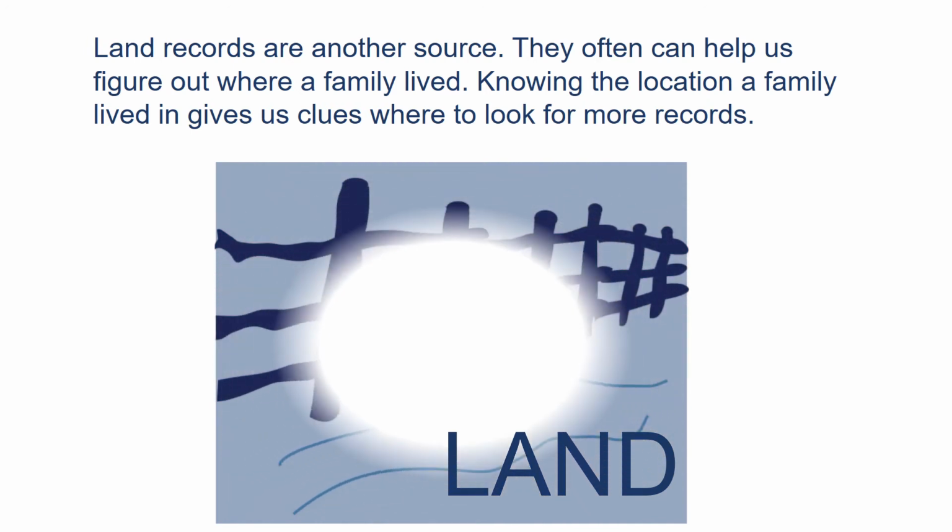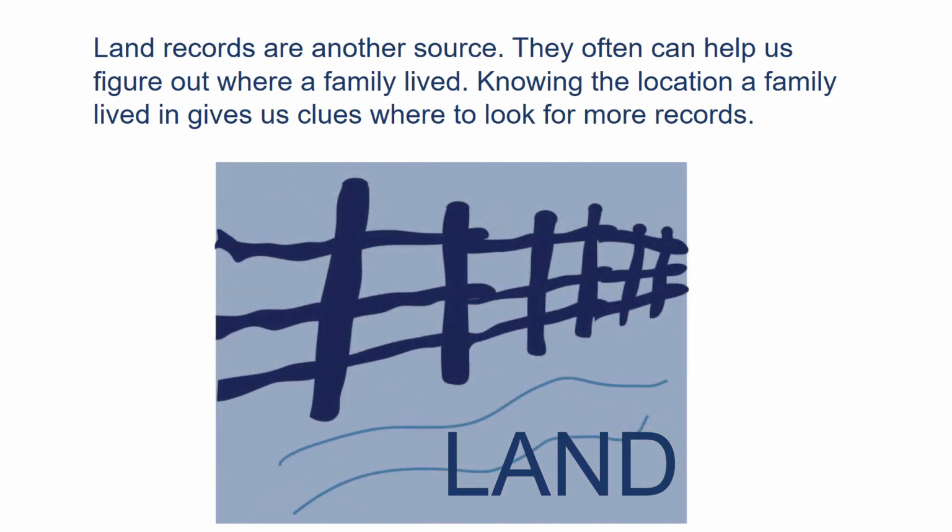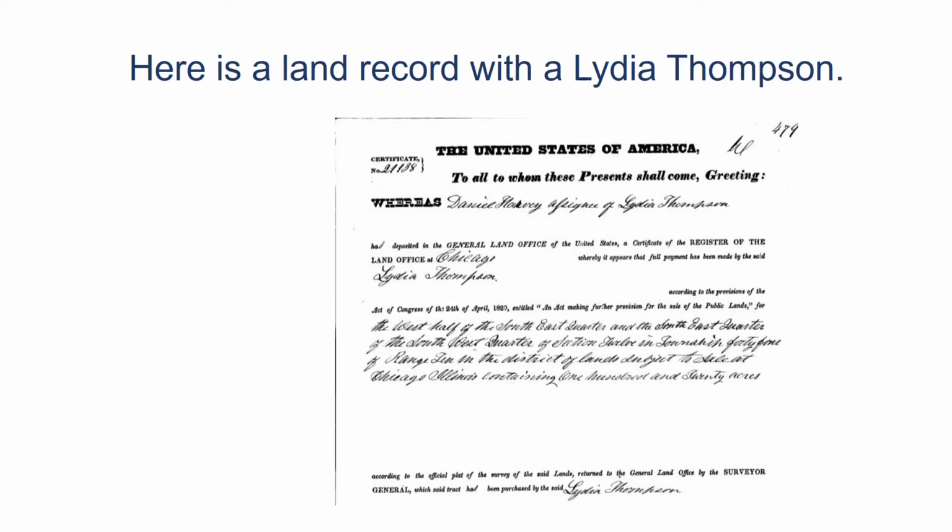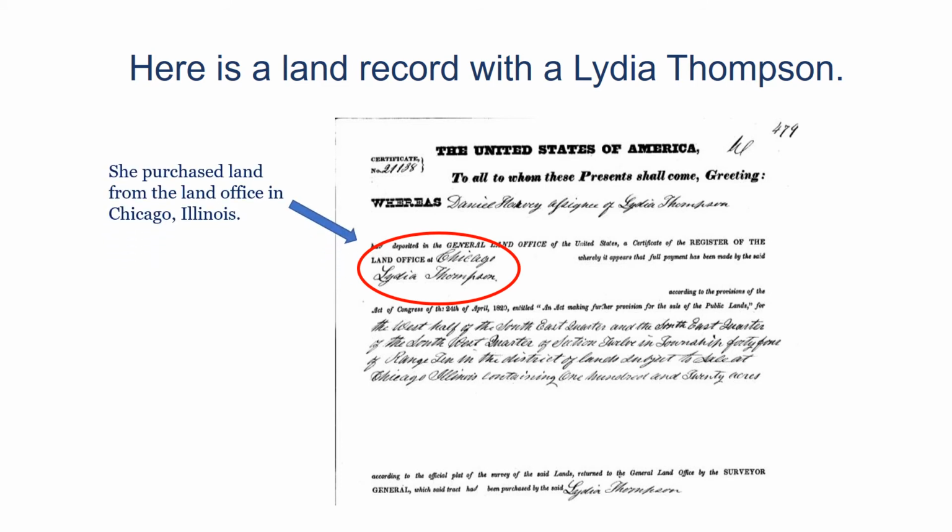Land records are another source. They often can help us figure out where a family lived. Knowing the location a family lived in gives us a clue where to look for more records. Here's a land record with Lydia Thompson. She purchased land from the land office in Chicago, Illinois.